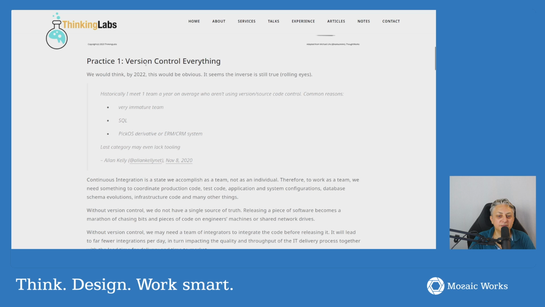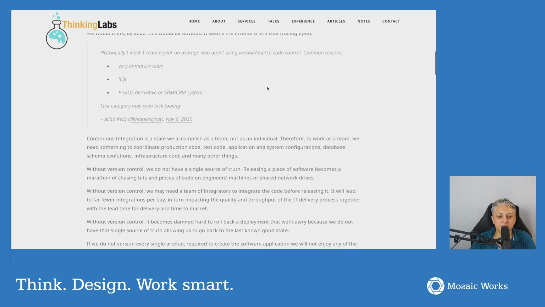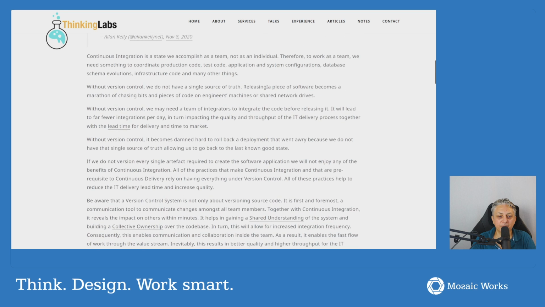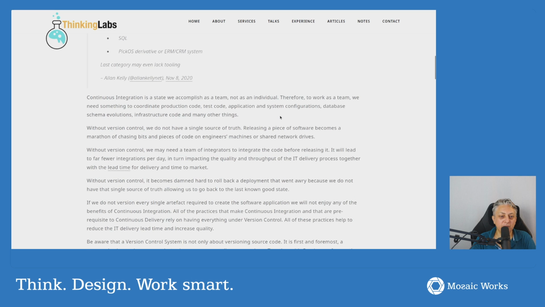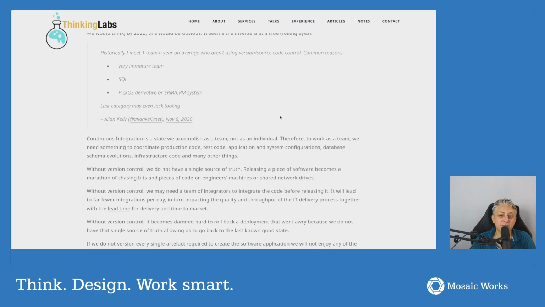Practice 1, version control everything. And by the way, you should version control your SQL code, if you have SQL code. And then the problem is if you are in a complex environment where you have things like custom ERPs, they have their own code that is written directly in the platform.